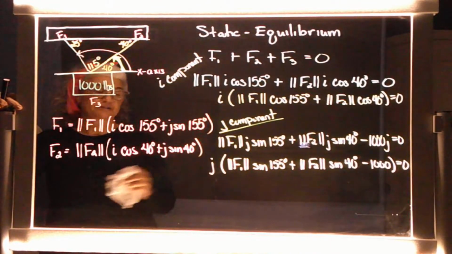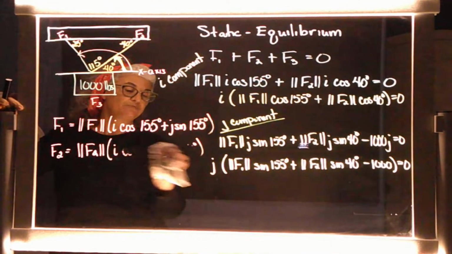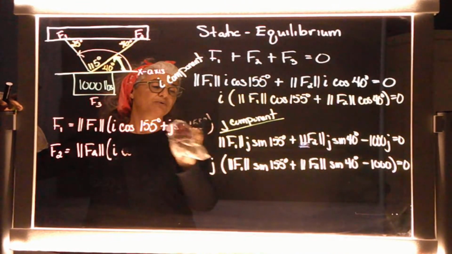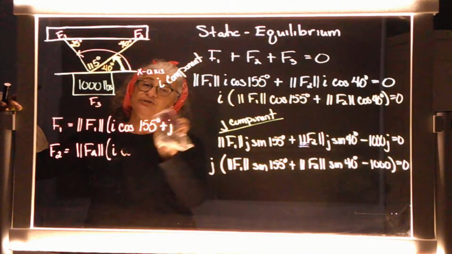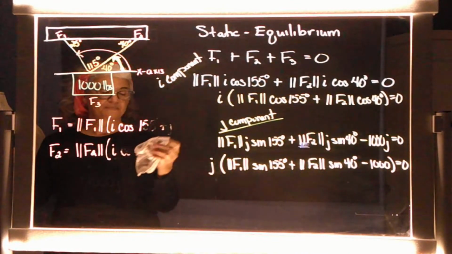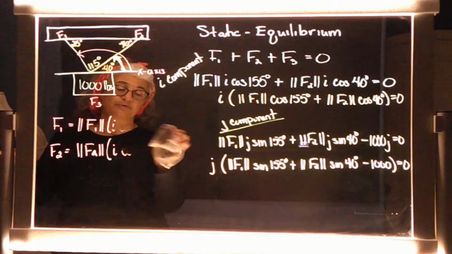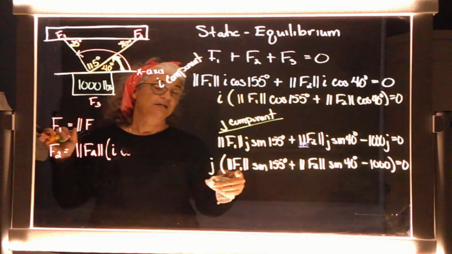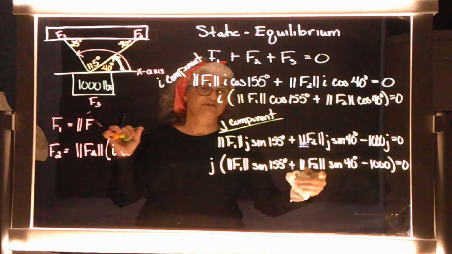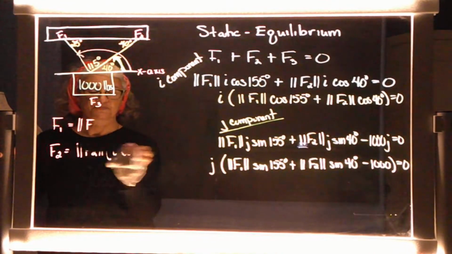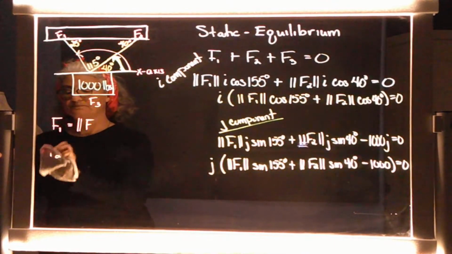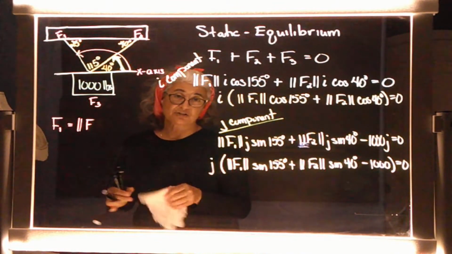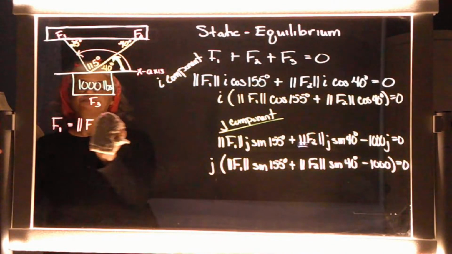So here's what I'm noticing. I'm noticing that the I component and the J component, when I looked at them separately, actually gave me two equations, didn't they? And two equations with two variables. One variable is the magnitude of F1, and a second variable is the magnitude of F2. Okay, so I can't solve an equation with two different variables in it, can I?